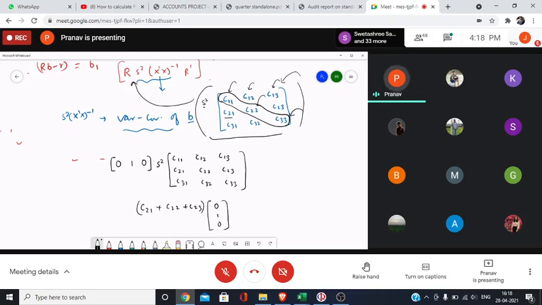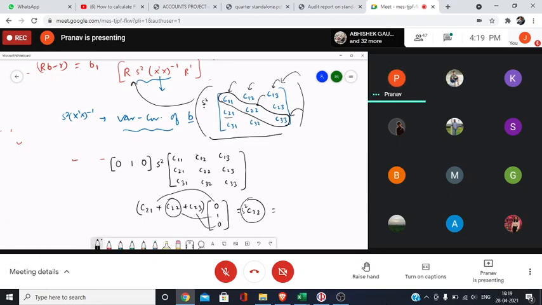So जब ये R transpose से multiply होगा, you see only this term will be there. That is C21 times 0 plus C22 times 1 C22 plus C23 times 0 will be 0. So only I'll have C22 term, obviously multiplied by S square.